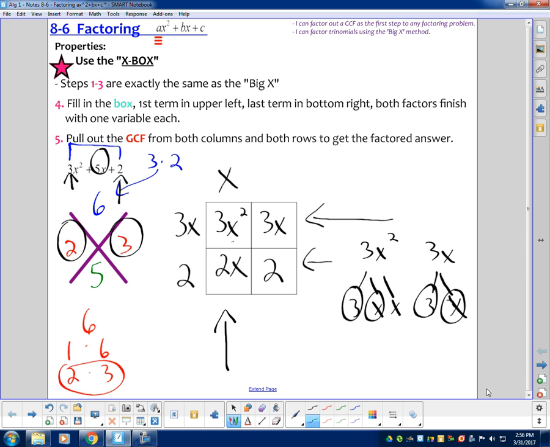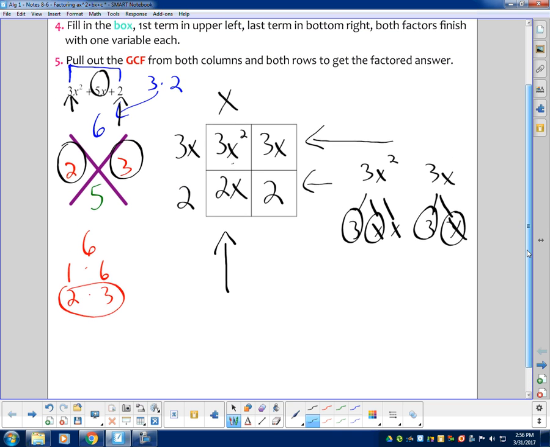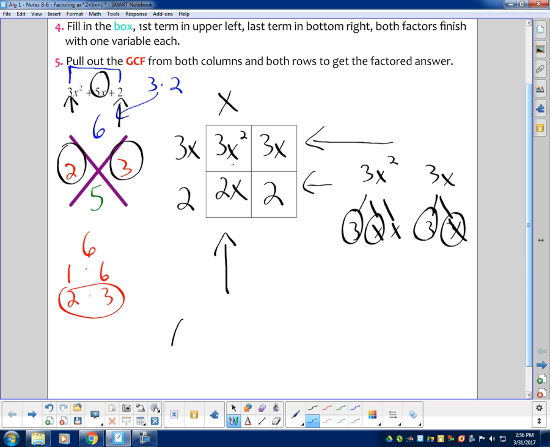Now you can expect that these trinomials of the form ax squared plus bx plus c will factor in a similar fashion as the simple quadratics we did previously. So we're going to have a set of parentheses here, and there will be variables combined with numbers in each one. We're going to have 2 sets of parentheses. We're about to get the other factor here.